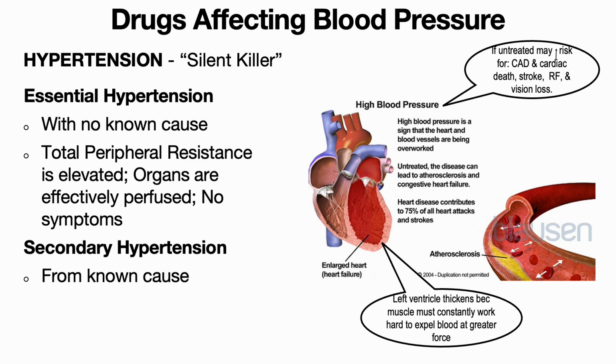It will also cause enlargement of the heart. So the left ventricle will thicken because the muscle mass constantly works hard to expel blood at greater force. Tiny vessels are damaged and destroyed by the prolonged force on the vessels, which is the underlying danger of hypertension.